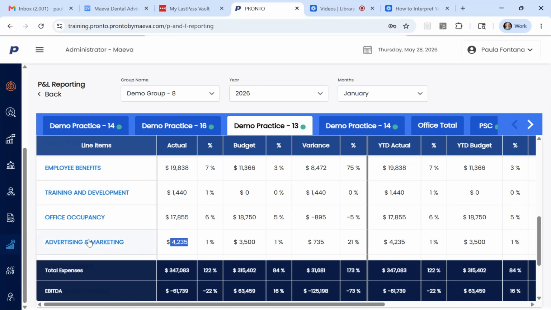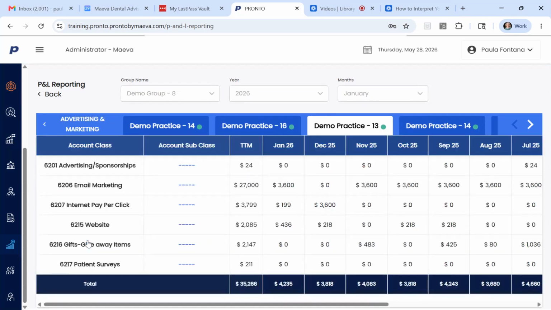But let's take a look and see what's being allocated to advertising and marketing. So I click in, and I can see all of these different classes that are associated with that general ledger category. So they spent money on email marketing, on internet pay-per-click, on website development or maintenance. So these are all the categories associated with that expense.